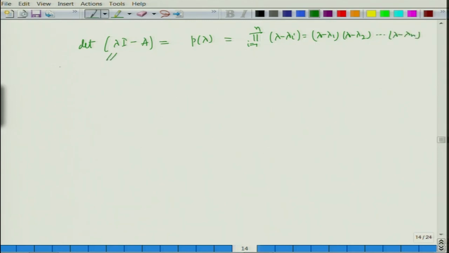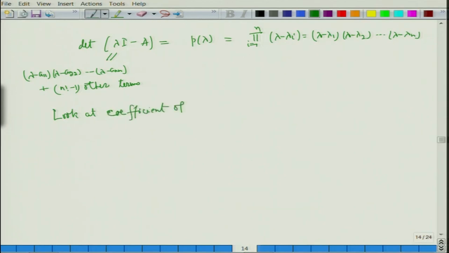The other way, one term of this was lambda minus a11, lambda minus a22, up to lambda minus ann, plus n factorial minus 1 other terms. This is what we had, all right. So in this I am looking at the coefficient of lambda to the power n minus 1 on both sides.